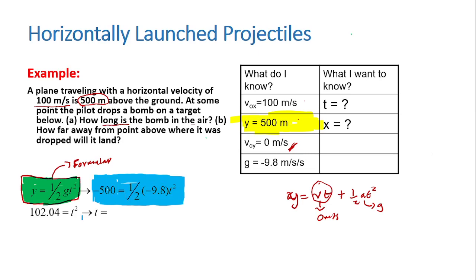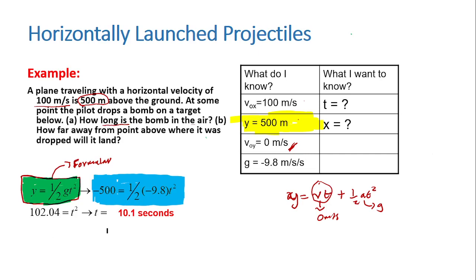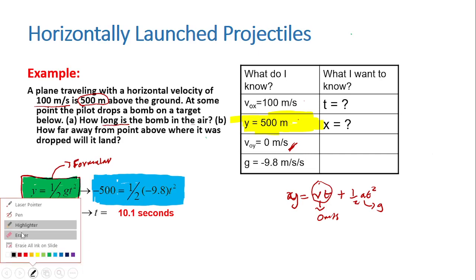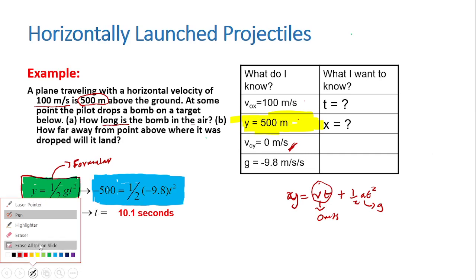Once you do everything, you are going to find that your answer will simply be 10.1 seconds. So that's the time in that case. Do you have any question before I move on, or should I explain again?